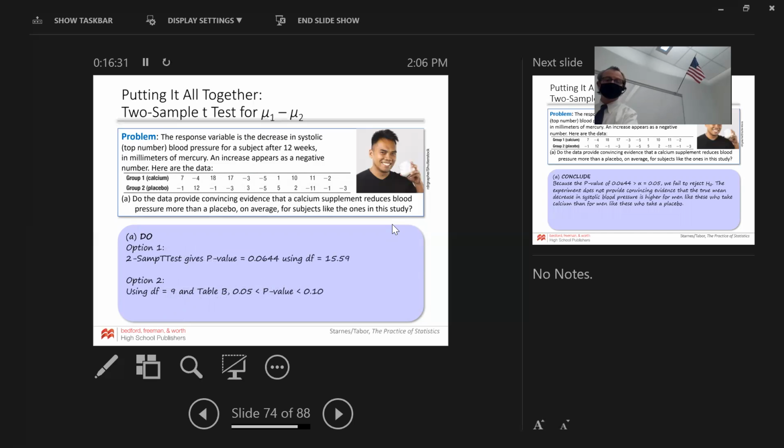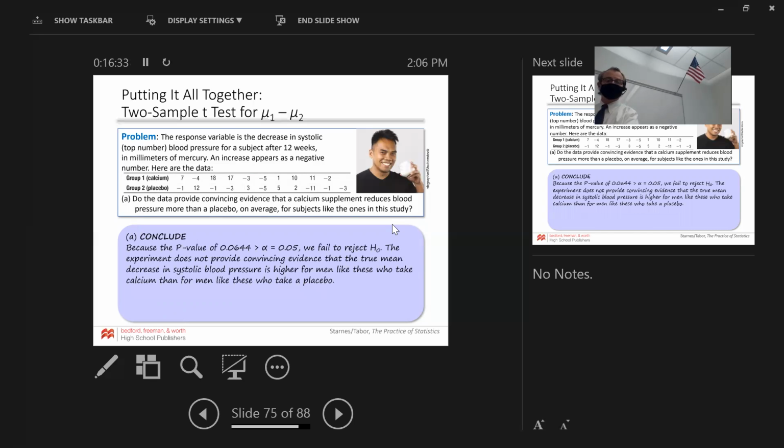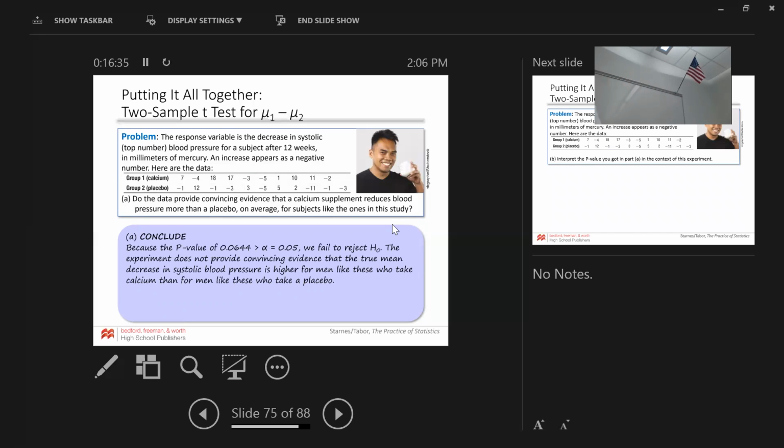So now what? The p-value is 6%. See, in that picture on the board, that's supposed to represent 6% of the area of the curve being shaded in. That's bigger than the alpha level. Listening? That means you're going to fail to reject the null.